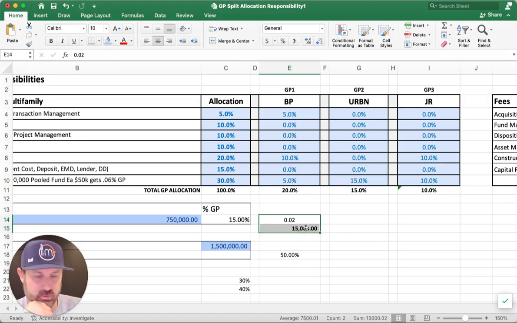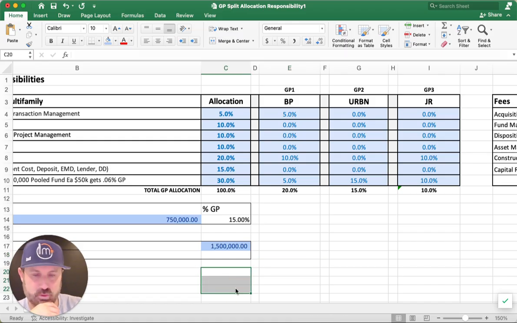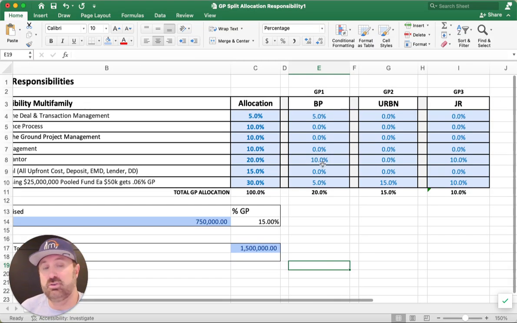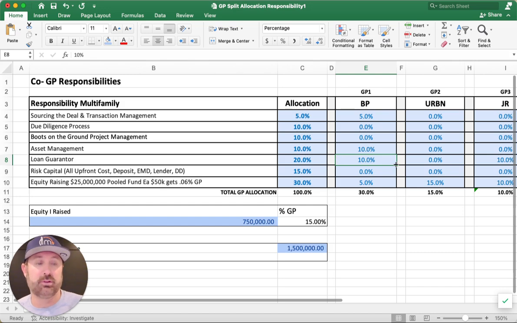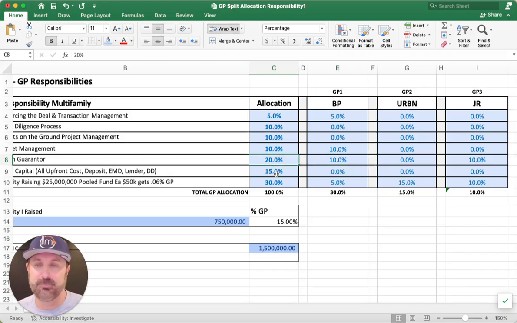So just FYI, you don't need that, and you don't need that. Cool. So that's how you'll allocate it. Asset management. You could have 2 people doing asset management, but typically 1, so that money would go here. And let's say you have 2 people on the loan guarantor, so you'd be 10 and 10, adds to 20.